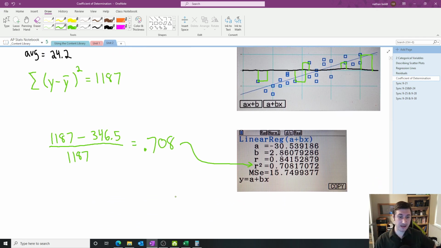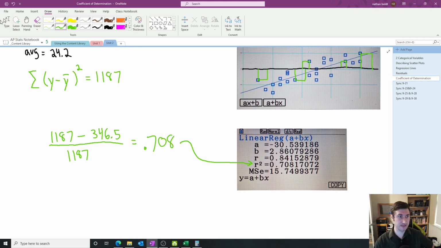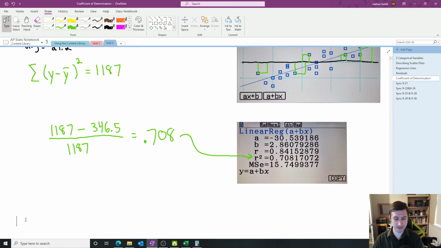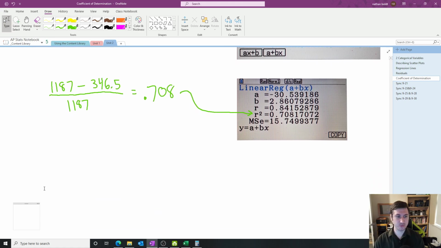Now, this kind of blows my mind, actually, that this works, because r squared is just the square of r. And so if I write this whole thing as one big equation, what we just did is we took the sum of y minus y bar squared.